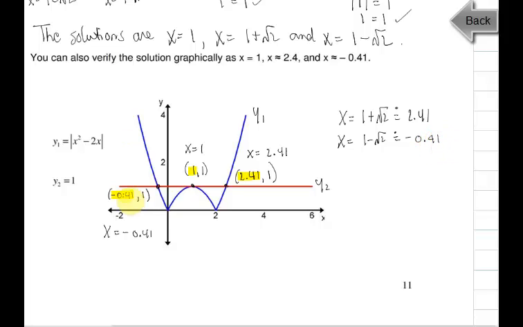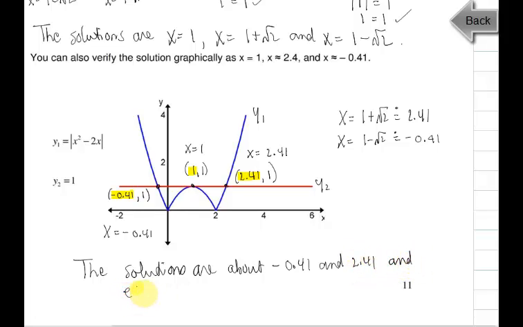Okay, so we can see that they agree with the solutions that we have, and so the solutions are about negative 0.41, 2.41, and 1. The end.